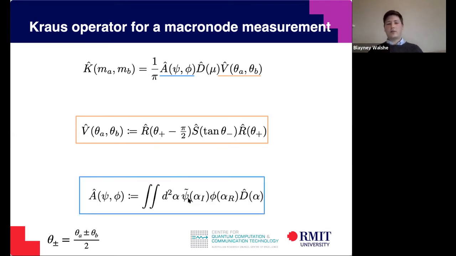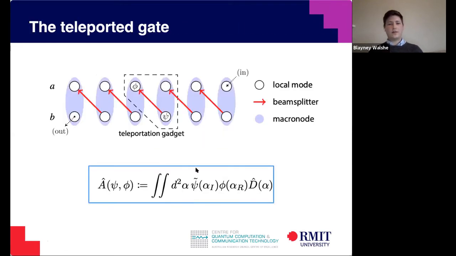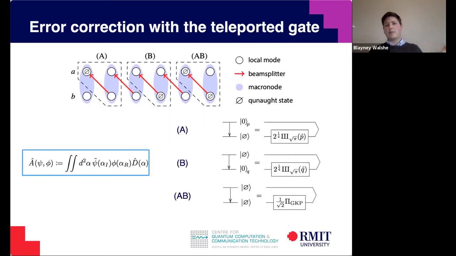And the A operator is here. You've seen that plenty of times, but here it is again, just to remind you that it comes from choosing what states you want to put in here. You use their wave functions to work out what effect that has on your input state. Back to the point, we were using this to figure out what error correction looked like on these macronode states.